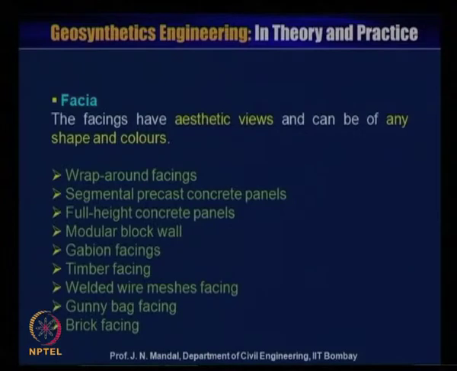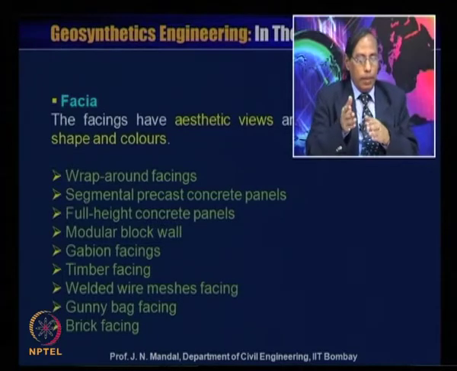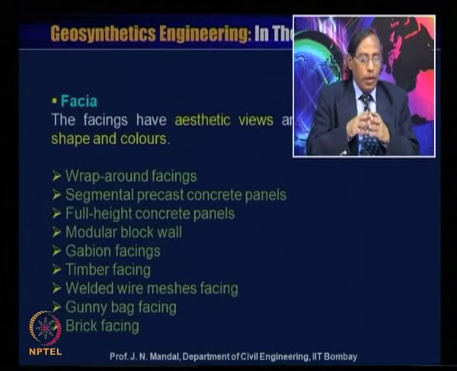So, you can construct this wall. Now, the facing can have authentic views and can be of any shape and color. So, many aesthetically pleasing facing designs are also possible.